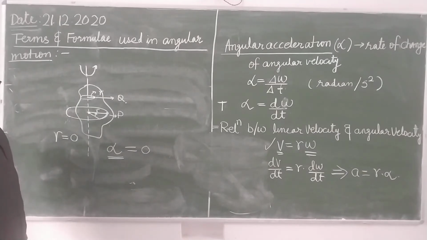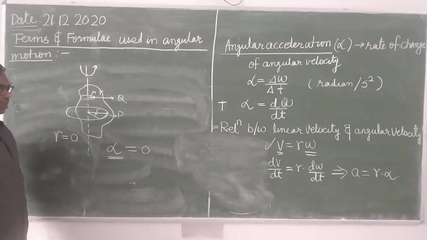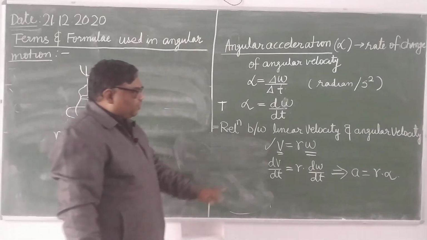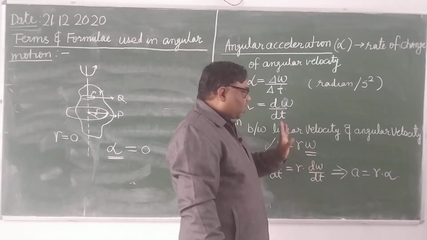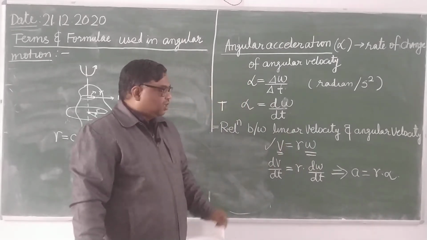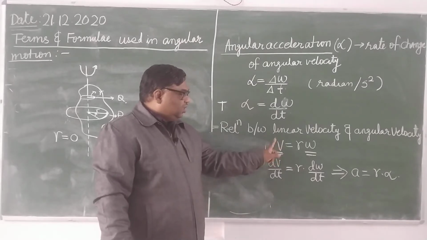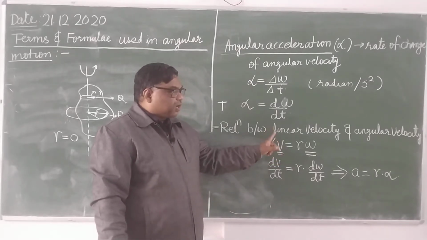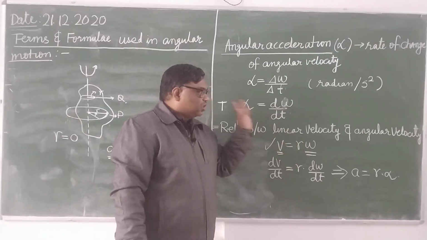No matter that the particle is lying on the axis of rotation, it will have the angular velocity if the body is rotating. So this is the relation between linear velocity and angular velocity. Angular velocity of all the particles will remain constant, but linear velocity will not, because it depends upon the distance of the particle from the axis of rotation.